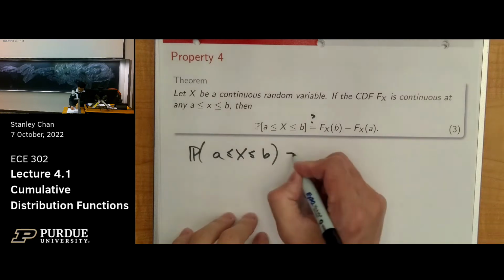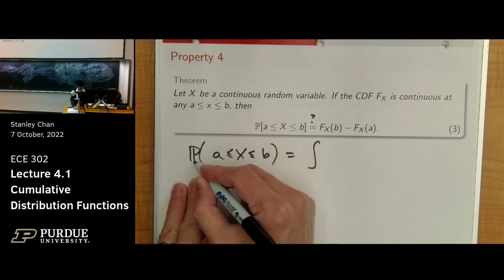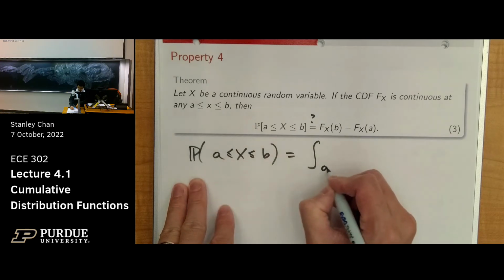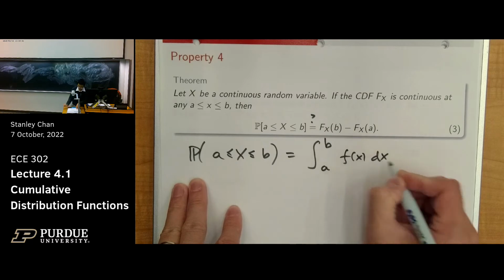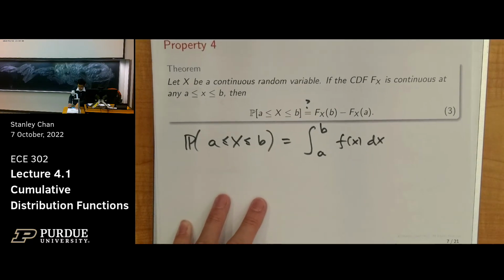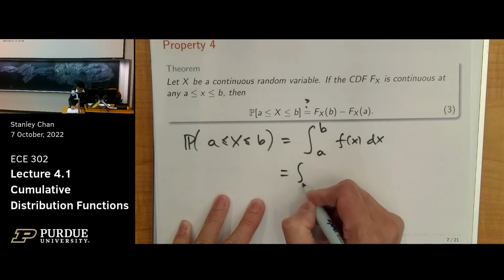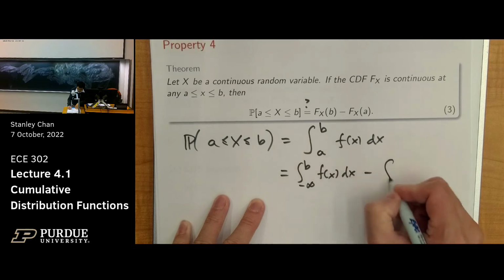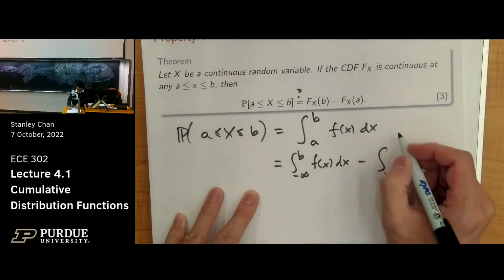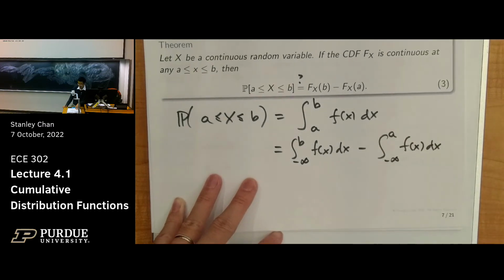Well, we can write down the integration. Just look at this formula: you're looking at the probability from a to b, so you need to integrate from a to b of f(x) dx. And this is the same as the integral from minus infinity to b of f(x) dx, minus the integral from minus infinity to a of f(x) dx.